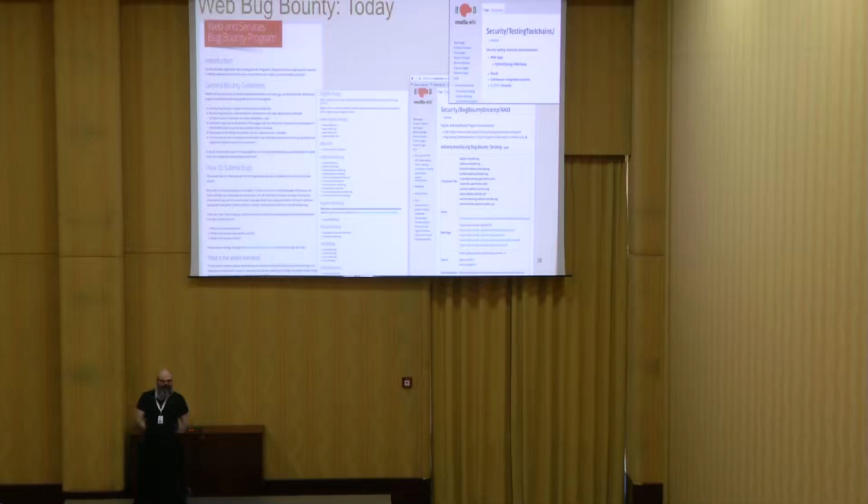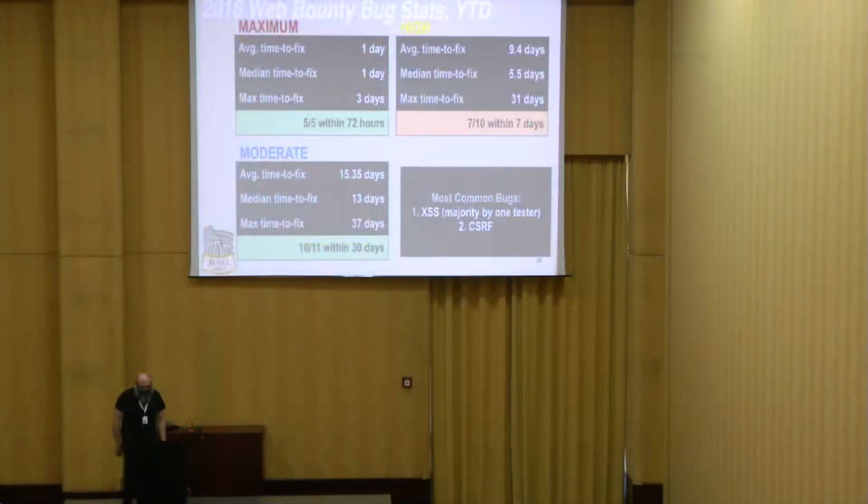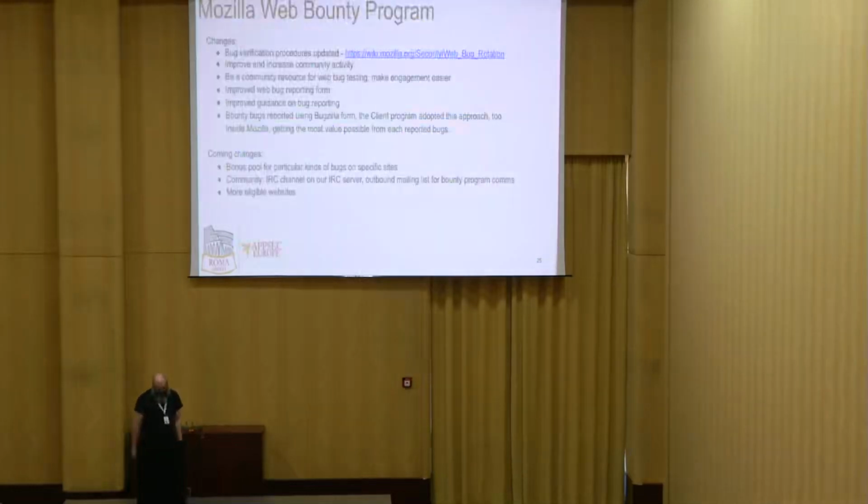And it makes it a lot easier for us to triage the bugs. So these are the stats from the last year. And cross-site scripting was the number one. And actually, the majority of those bugs were reported by one tester. And for Bugzilla, it was Vladimir Palant, who's the guy who does AdBlock Plus.